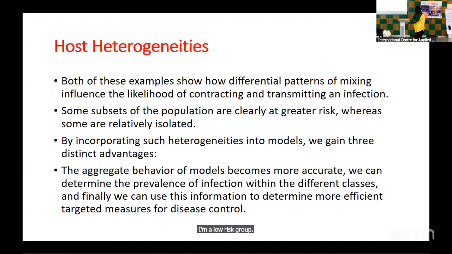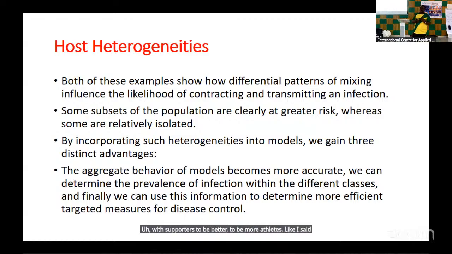By incorporating such heterogeneities into models, we gain three distinct advantages. Number one is the aggregate behavior of the models becomes more accurate. Introducing heterogeneities makes your model better and more accurate.